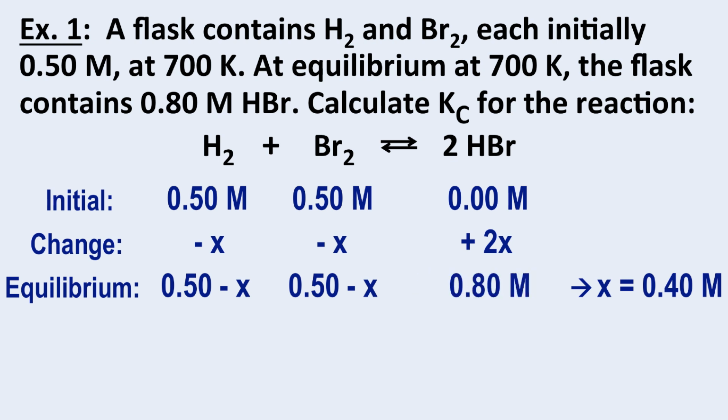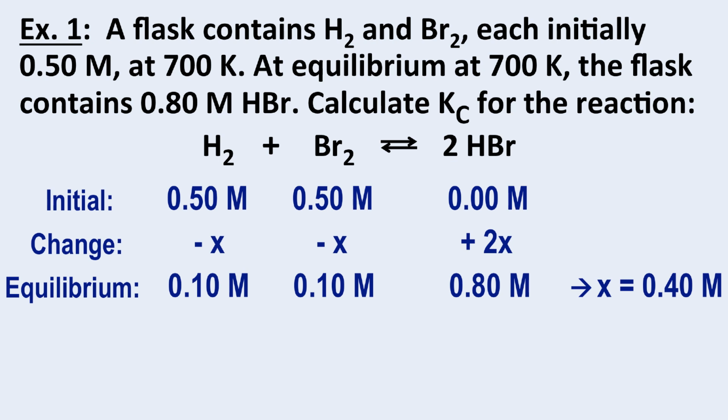So HBr is 0.80 molar, and H2 is 0.50 minus X, which is 0.40, so H2 is 0.10 molar at equilibrium. Br2 is exactly the same thing, 0.50 minus 0.40 is 0.10.